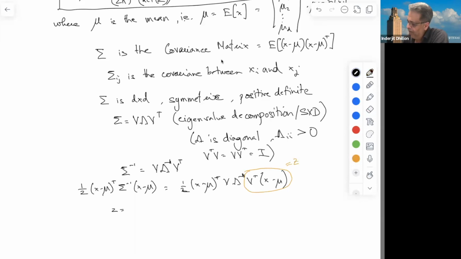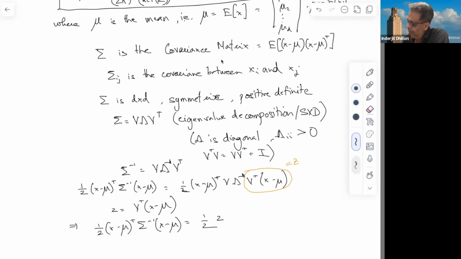So z is equal to V transpose (x minus mu), which means that half of (x minus mu) transpose sigma inverse (x minus mu), just copying from above, is equal to 1/2 of z transpose lambda inverse times z. My z is starting to look like a 2, but it is z.